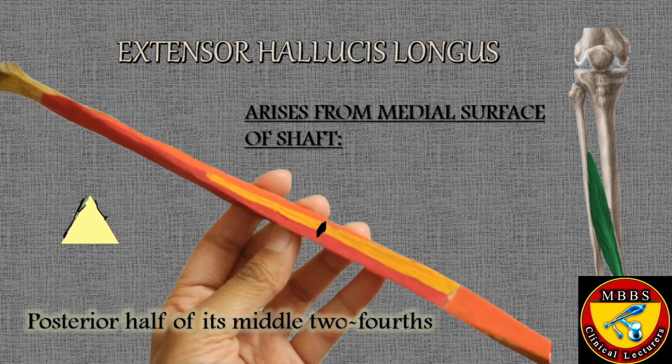Similarly, this is anterior and this is posterior half. This anterior half is giving origin to the extensor digitorum longus. This posterior half, that is yellow over here, gives origin to the extensor hallucis longus. This highlighted in green is the extensor hallucis longus.